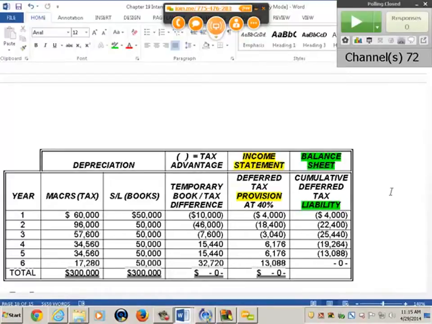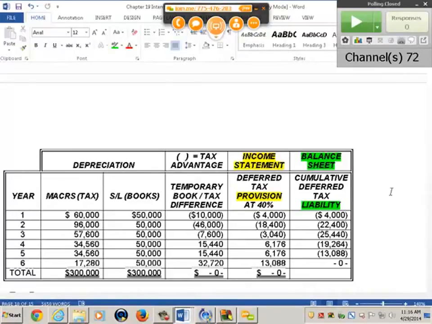I want to show this again. The provision is the change on the income statement. The cumulative liability is on the balance sheet. So the yellow is the income statement provision, the additional tax expense, and the green is the deferred liability on the balance sheet. Now, of course, this will happen again in year 3.